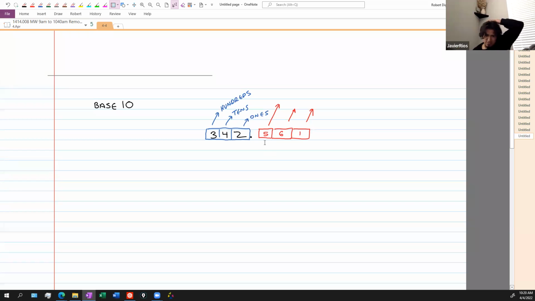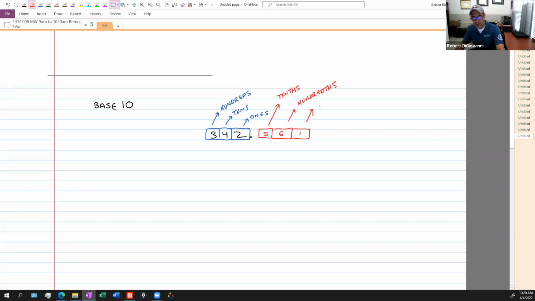Would it be tenths? Tenths, this would be hundredths, this would be thousandths. Not tens, hundreds, thousands, but tenths, hundredths, thousandths.